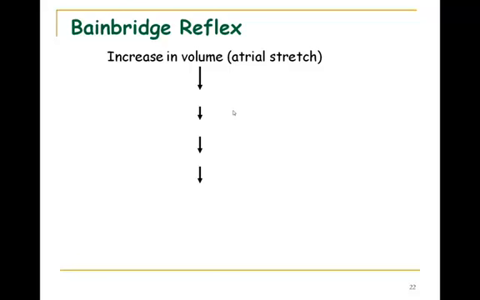Well, with this one, you've got an increase in volume in the atria, which results in stretch of the atria, but information is going to go up through the vagus to the vasomotor center and cause an effect on the pacemaker of your heart. So motor output, efferent information, is going to go out.